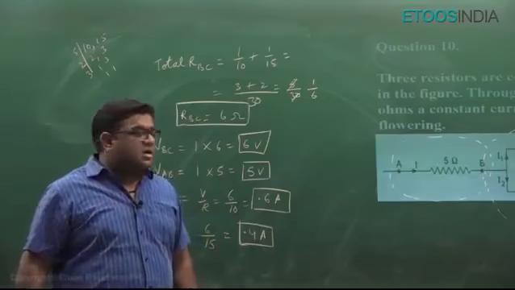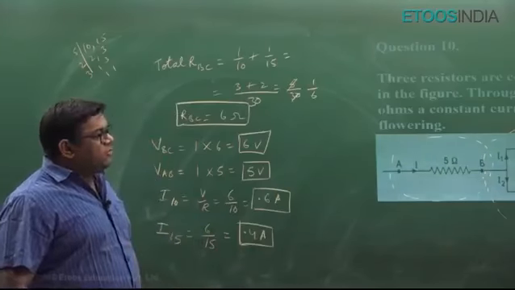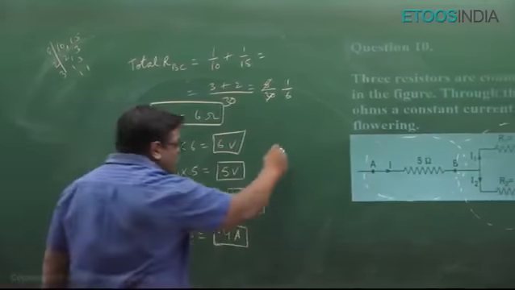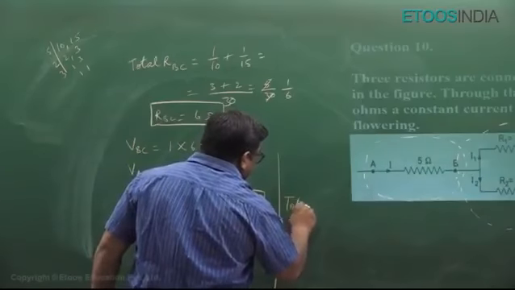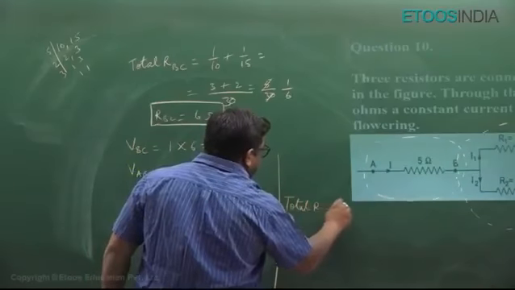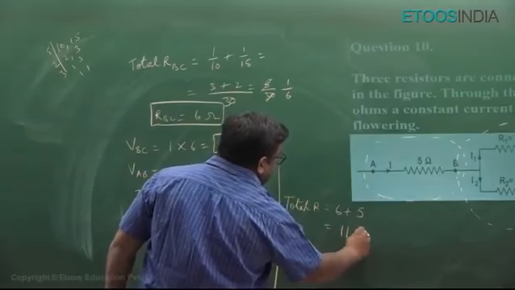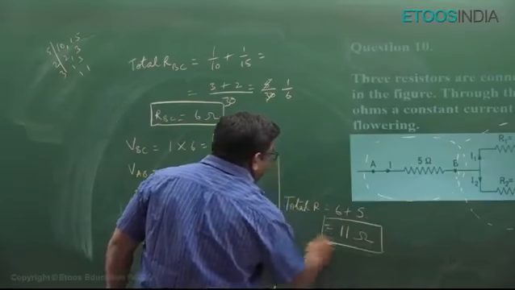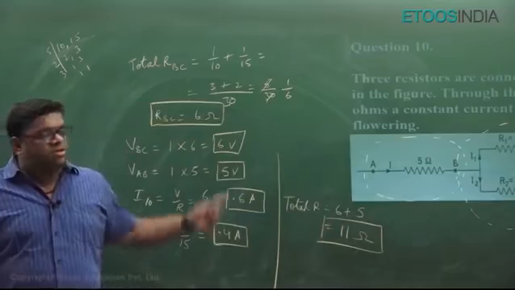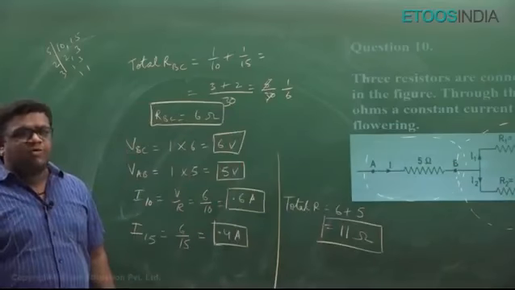Is it clear? Now, one more thing we can ask is the total resistance. So the total resistance is 6 plus 5, that is 11 ohm. Got it? So we have done this question also. Let's move on to the next question now.